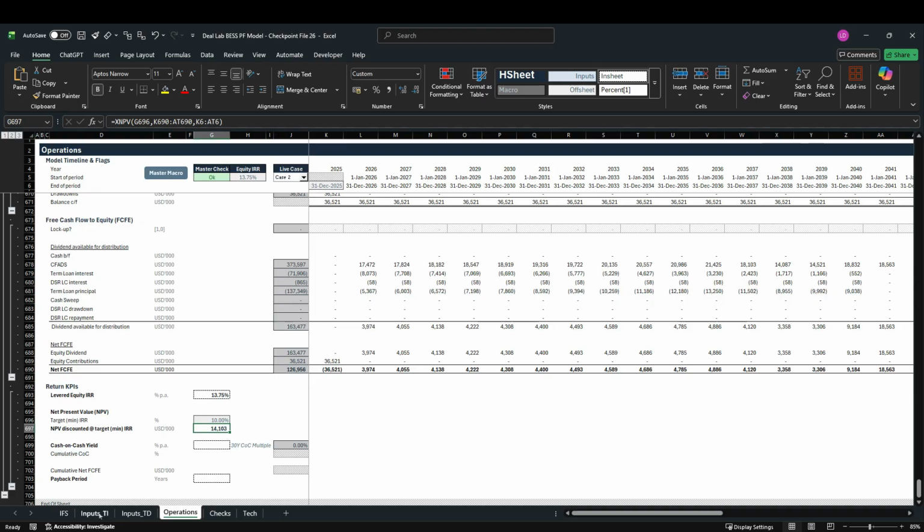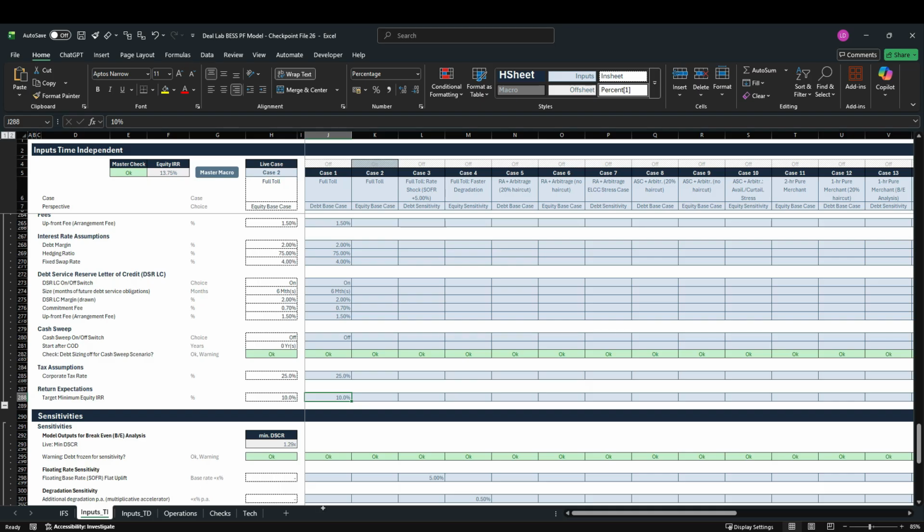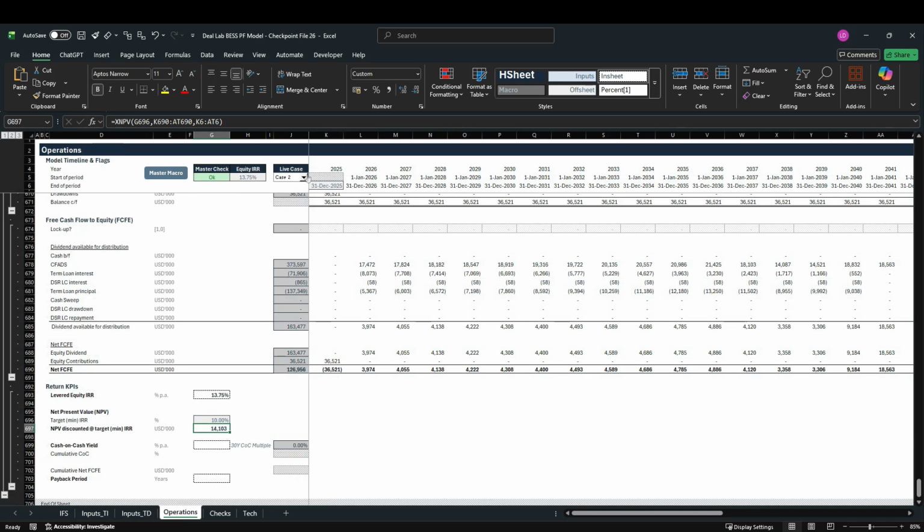Now let's flip that over to our fully merchant case, case 11, and see how our return metrics shake out then. Hit the master macro, and you will see that here in case 11, we are actually well below our minimum target at a levered equity IRR of 4.5%, which translates into an NPV of negative $59 million.